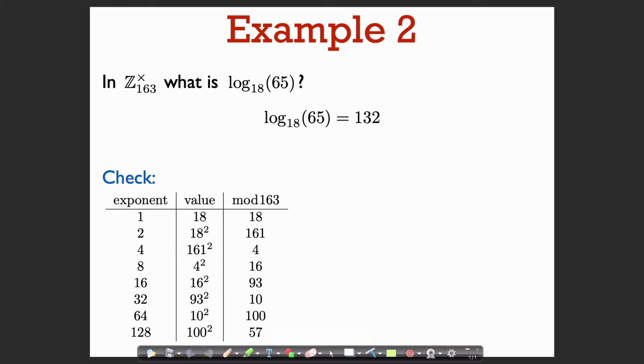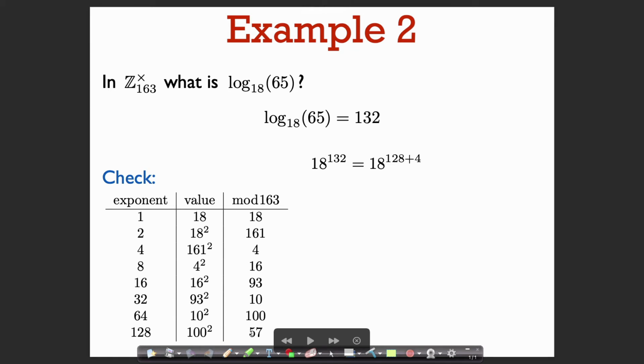Okay, so how does that work? Let's look at this example. In this case, we want to compute 18 to the power 132. So we just consider the binary representation of 132. Okay, so 132 is just 128 plus 4. And now we know from this little chart what 18 to the 128 mod 163 is.